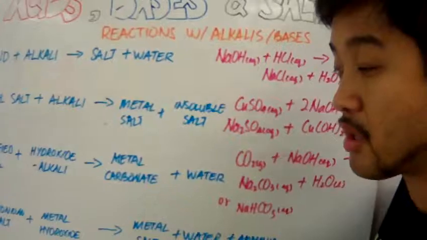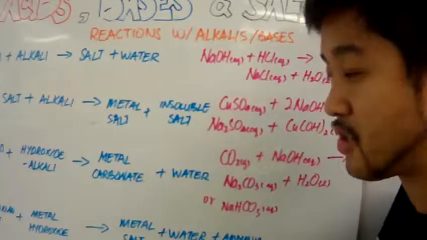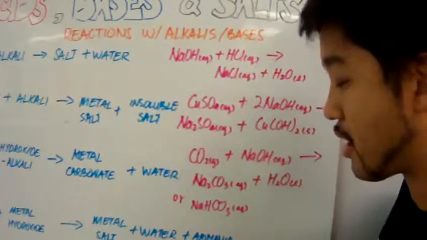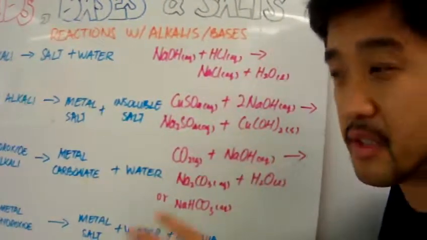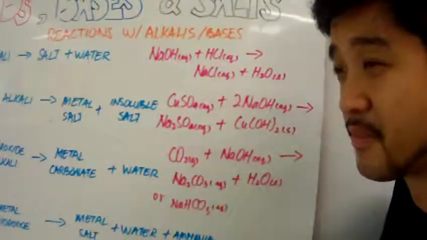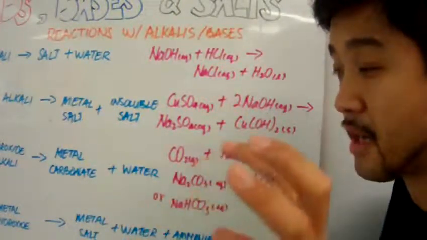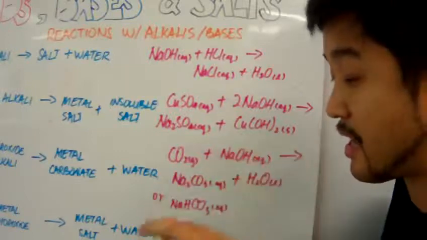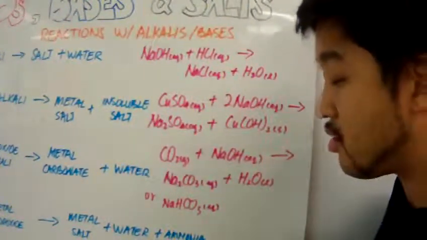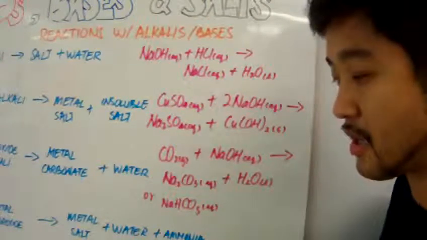Finally, we've got ammonium salt with metal hydroxide. All right, when you mix them together, you get a metal salt, water, and ammonia. Classic example is ammonium salt, ammonium chloride that we made previously by mixing ammonia and an acid. You get an ammonium chloride, and then you use that to mix with sodium hydroxide.